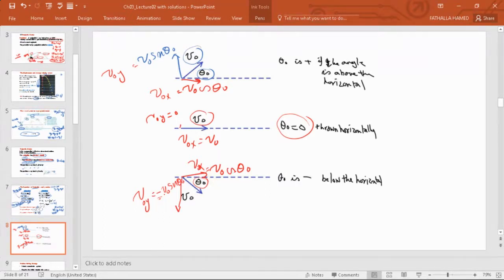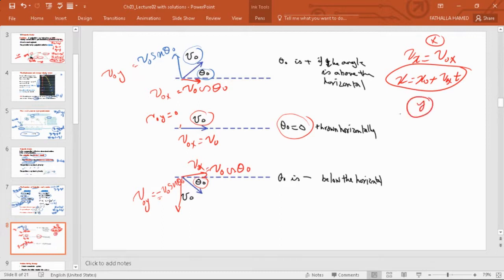Okay. And the set of equations that you have: vx will equal to the v0x, is not going to change, and your x is equal to x0 plus the v0x times t. That's it. That's the x here.